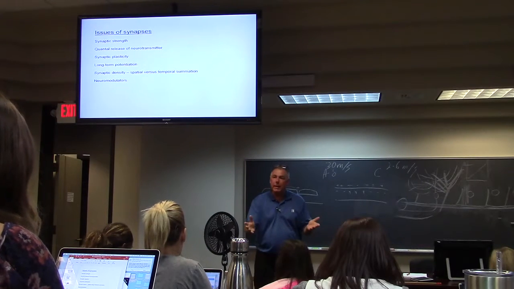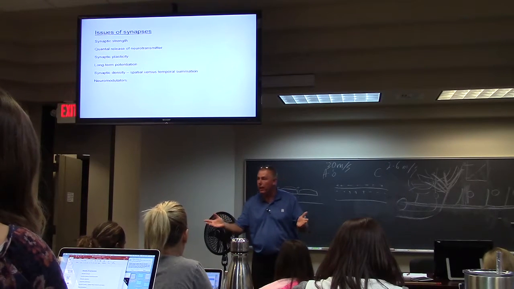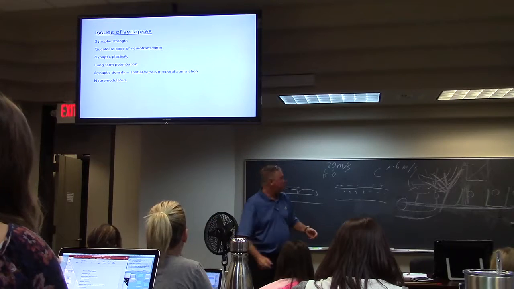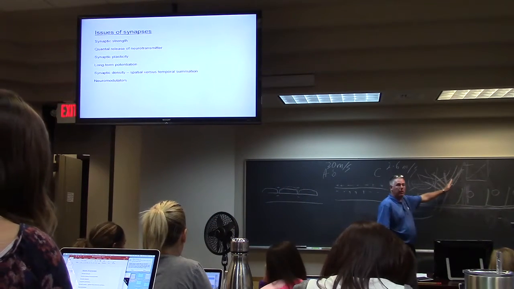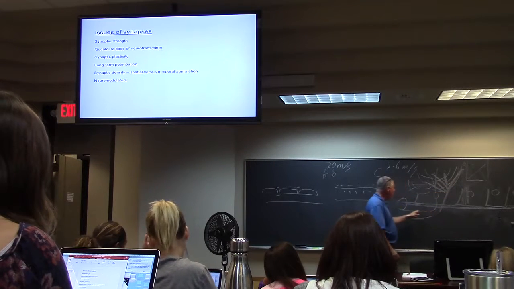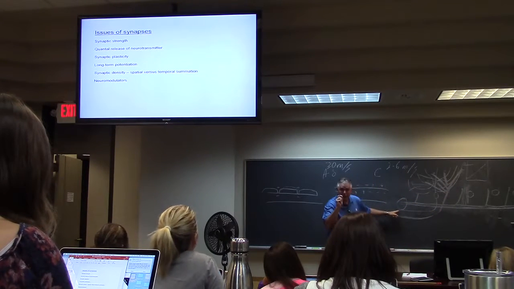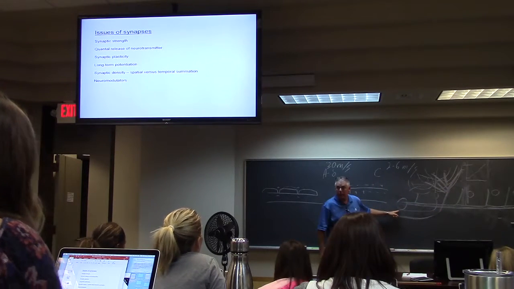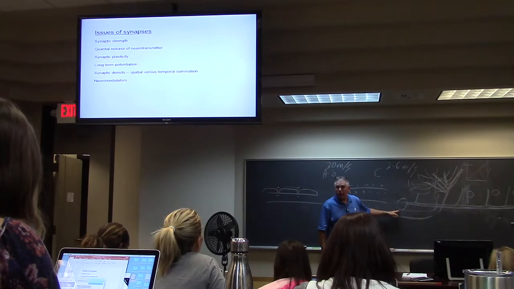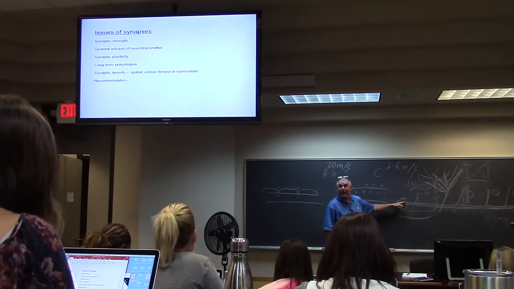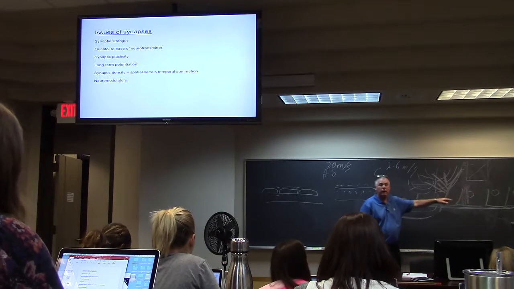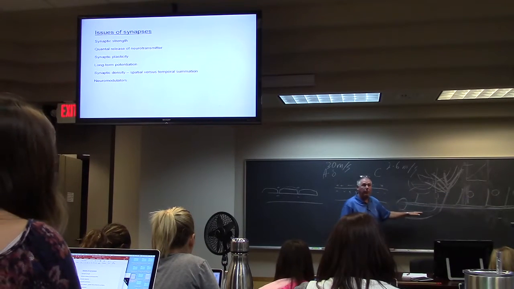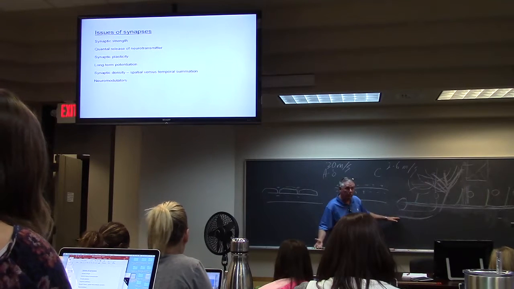So what does that mean? So here's the bottom line. If you're talking about this input here, the output is going to be very, very specific. If you're talking about this input, since you're talking about a whole bunch of Purkinje cells, the output is going to be more general.